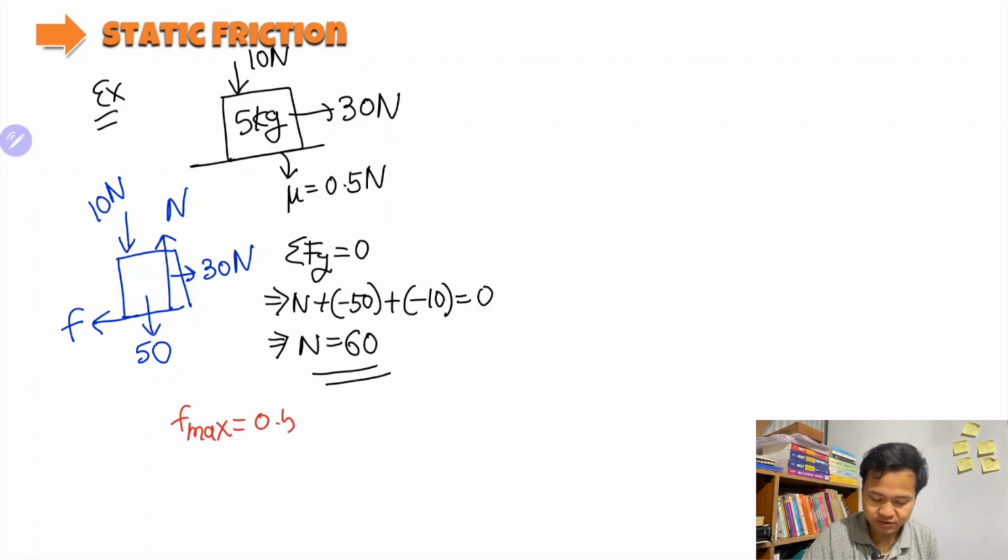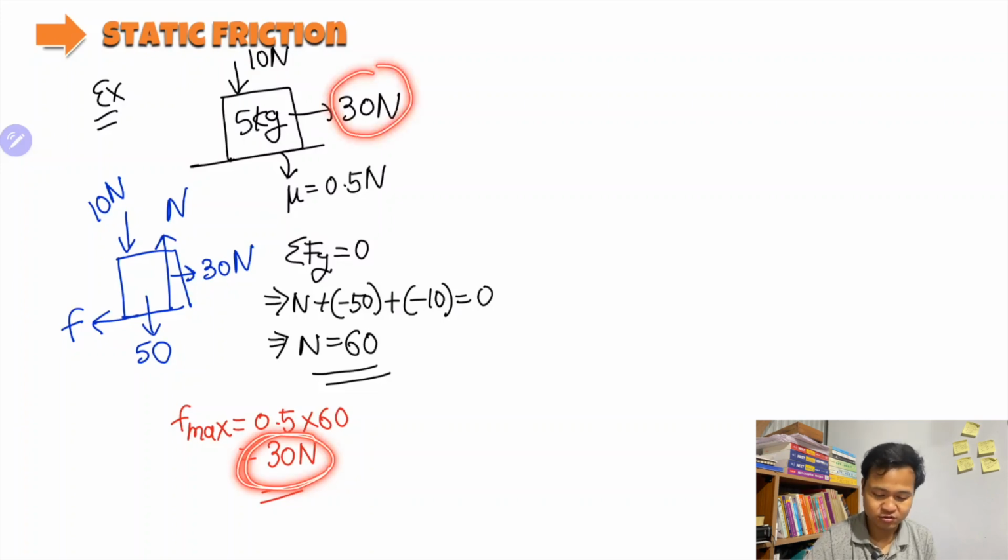That is 0.5 into 60, which is 30 Newton. The maximum friction is 30 and the external force is 30. So now the friction force is able to cancel out the external force. So in this case the body will remain at rest.